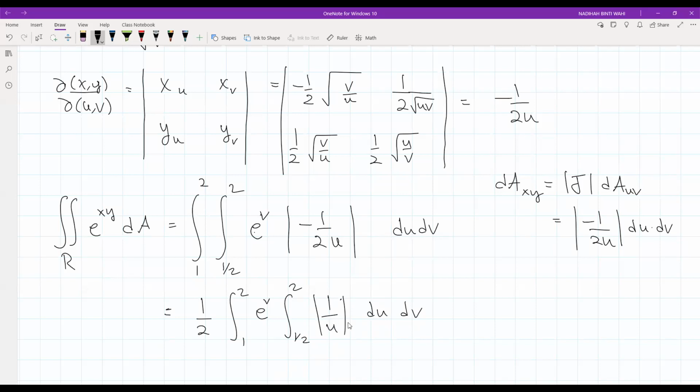So you get natural log, and then evaluate from 1/2 to 1, and then the exponential. It's quite easy. So the answer will be 1/2 of e^2 minus e, times log of 2.